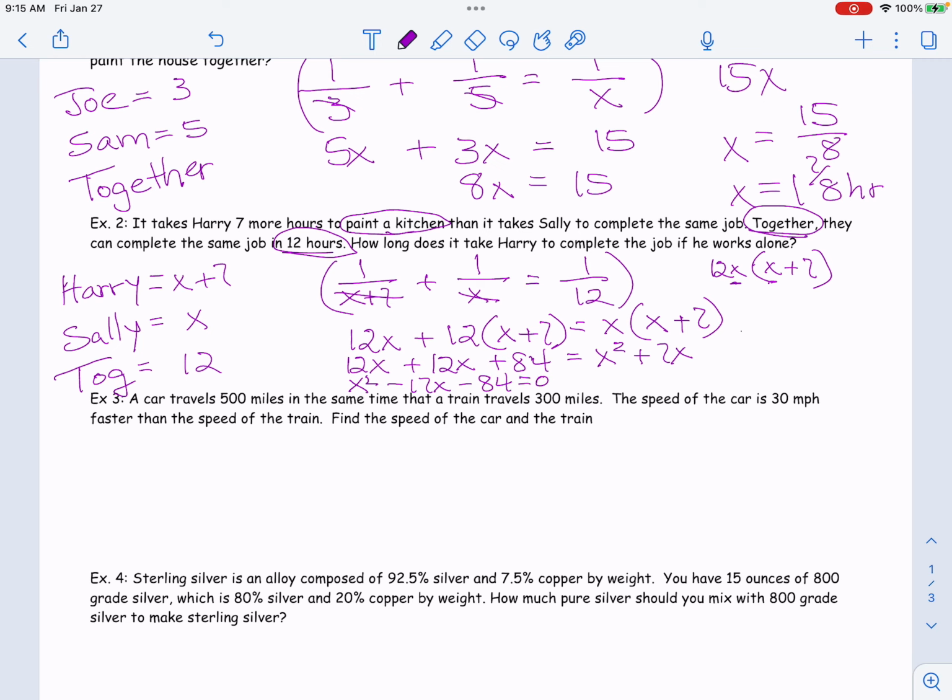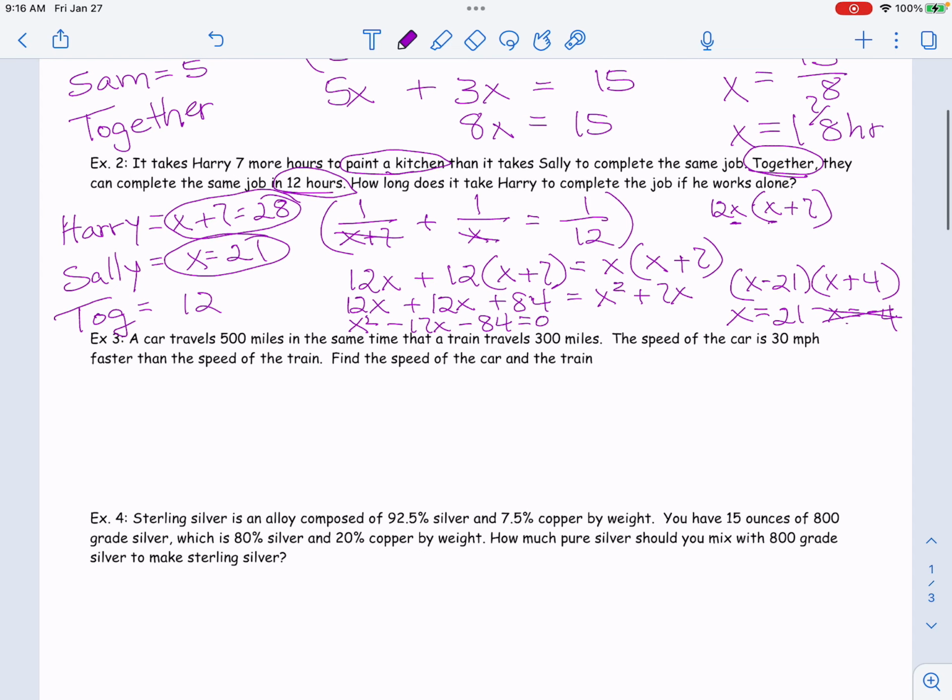That factors into x minus 21, x plus 4. My two x's are 21 and negative 4. You cannot have a negative time. That will not work. Sally, it takes her 21 hours. Harry, it takes him 28 hours.